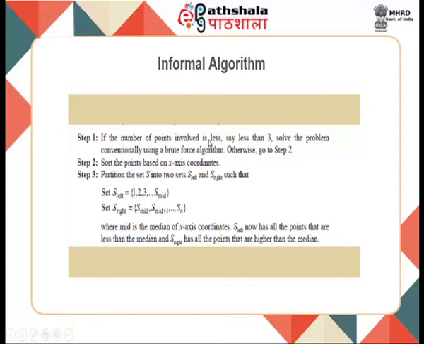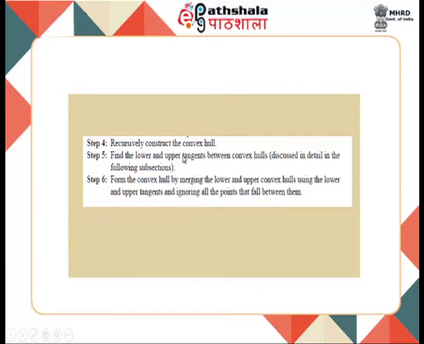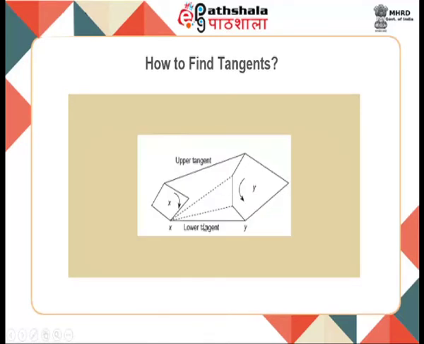We take the set S and divide it into two subsets, S left and S right, just like our merge sort. Once the sets are formed, we form the convex hulls, then find the lower and upper tangent. Once we have these, we merge the left and right convex hulls.